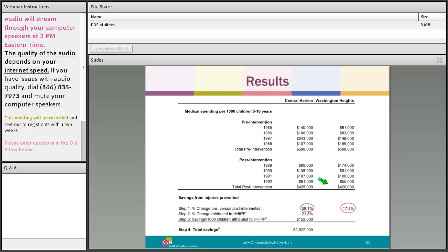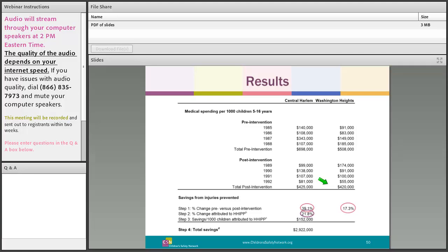So if we assume that Washington Heights is a good control site, then that 21.8% decline in Harlem that's beyond the decline seen in Washington Heights, we'll attribute that to the program. So the 21.8% is 39.1 minus 17.3. So let's assume that the decline in Washington Heights was due to other factors that were influencing injuries, bringing them down, and anything beyond that was due to the Harlem Hospital Injury Prevention Program.